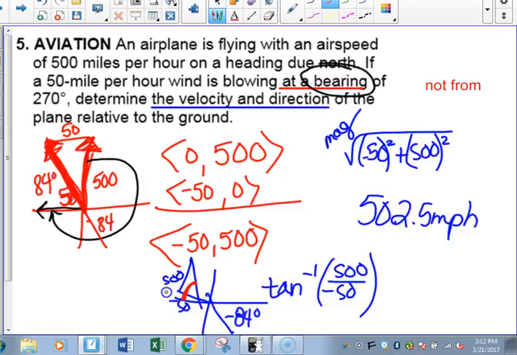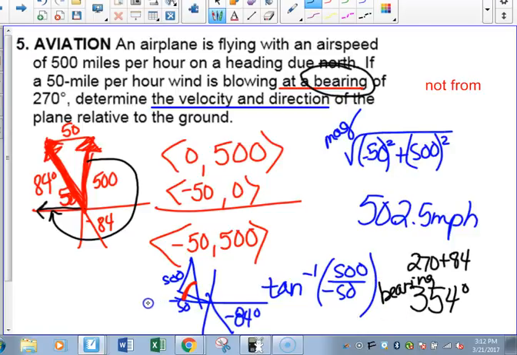But we need a bearing. Because it asks for a bearing, but look, guys, it's not that bad. Look, 90, 90, 90, and 84. Off of north, we went 270 plus 84 more would be 354 degrees bearing.